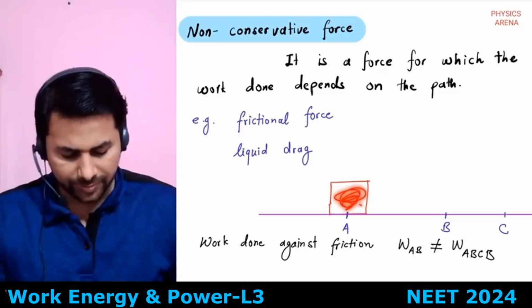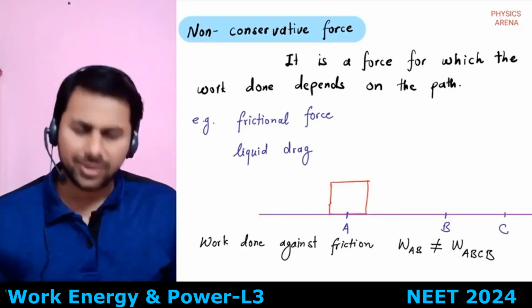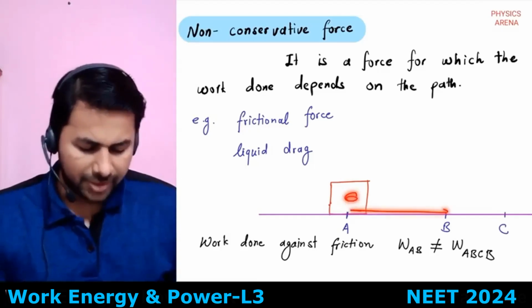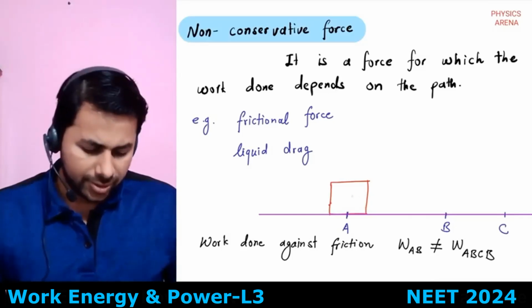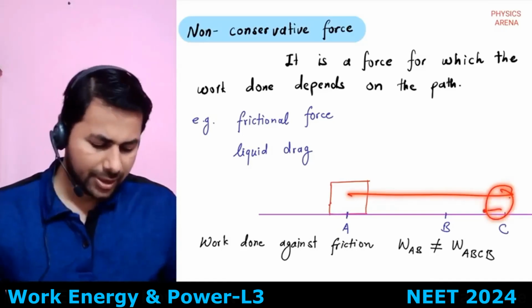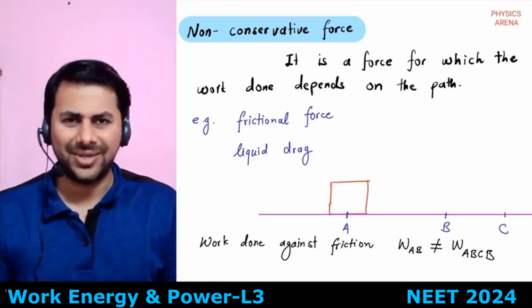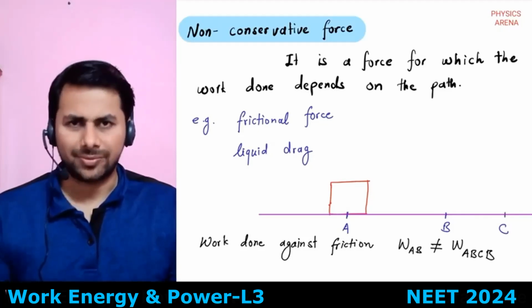This block is resting on this floor, and suppose you displace this block from A to B. Then you have to do some work against the frictional force. Now you move it from A to C, suppose, and then from C to B. So displacement is the same, right? But work done against the friction would be more.